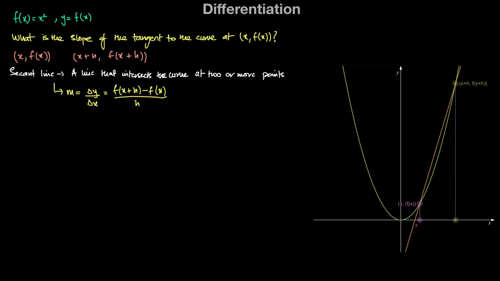Now here we can say that the slope is equal to f of x plus h, which is simply x plus h, the whole thing squared, minus f of x, so that's just x squared, divided by h, and therefore we can say that the slope is x squared plus 2hx plus h squared minus x squared, divided by h.